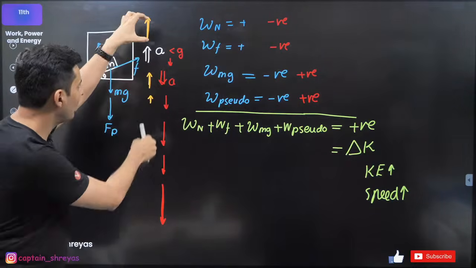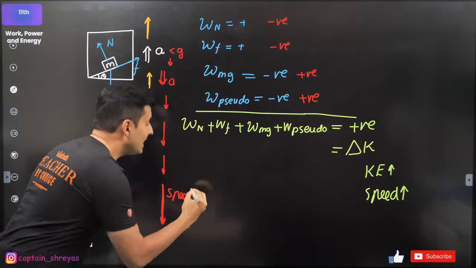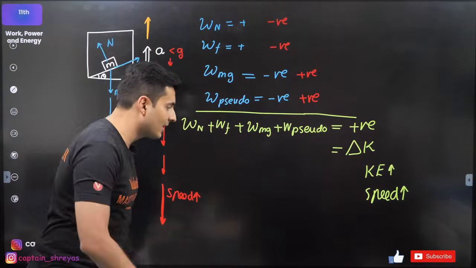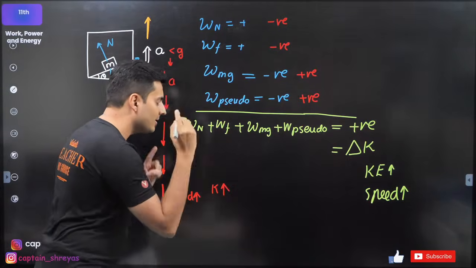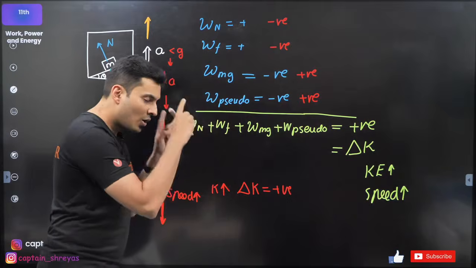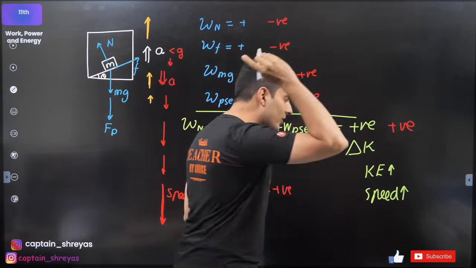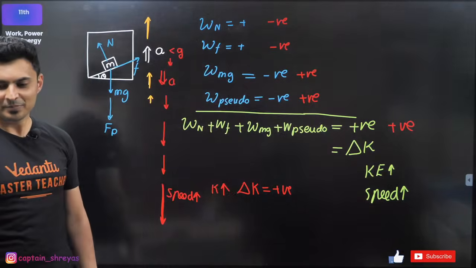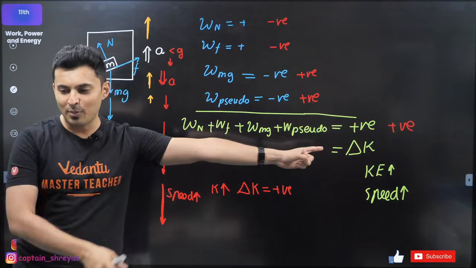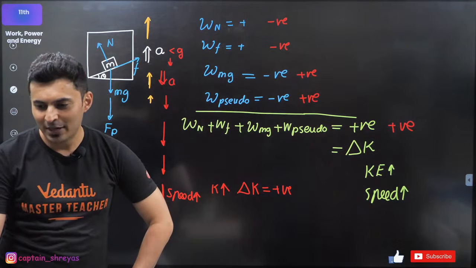It's accelerating down. The speed is increasing. Kinetic energy is increasing. Change in kinetic energy will be positive. By the work kinetic energy theorem, the total work done should also be positive. A lot of you got the wrong answer. Some of you got it. Very good.